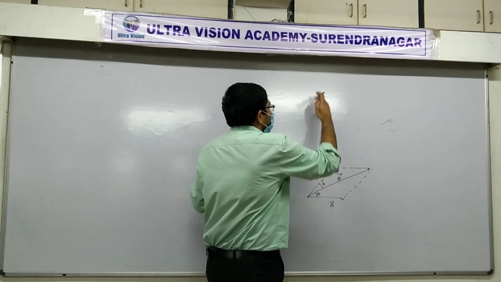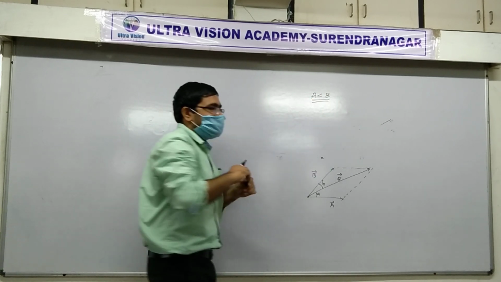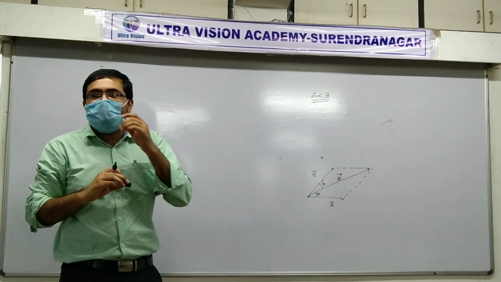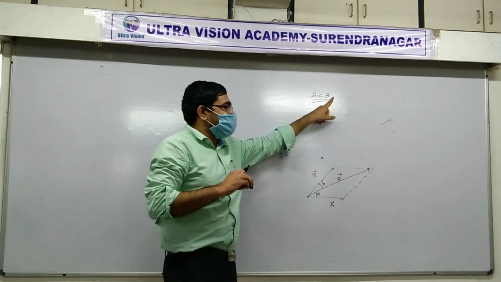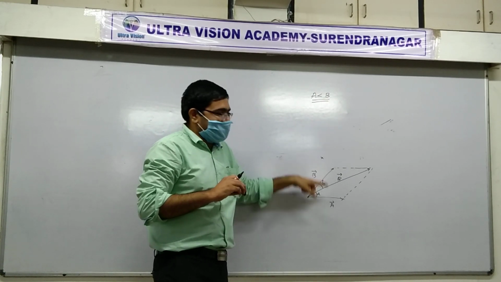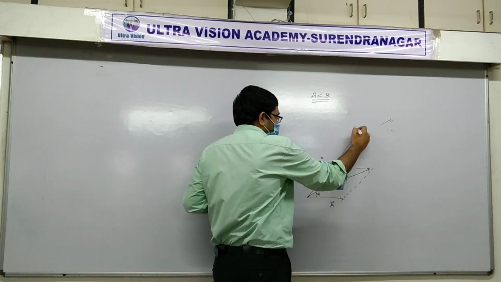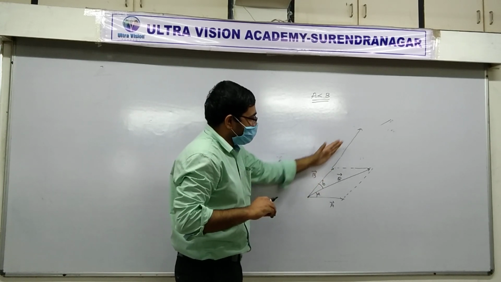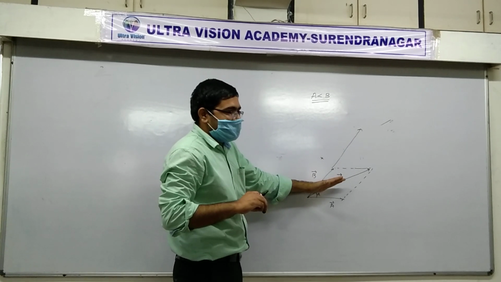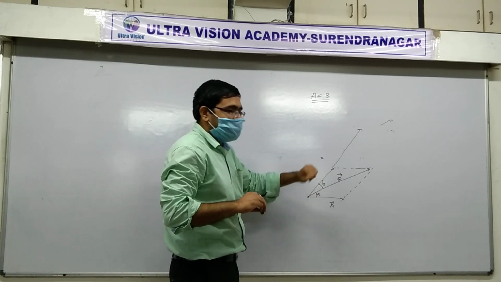We are talking about the case where capital A is less than capital B, meaning capital B is more than capital A. Yes or no? Yes. So what do you think happens to R as this vector becomes longer and longer? Will R go towards A or towards B?